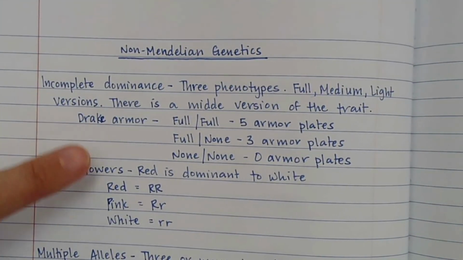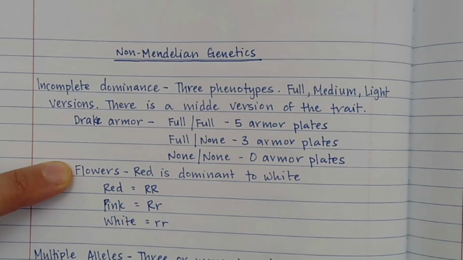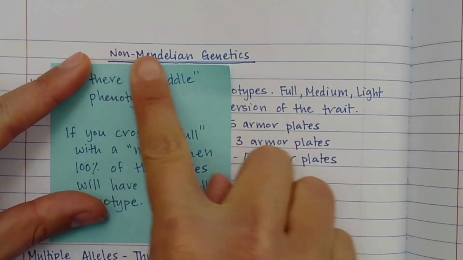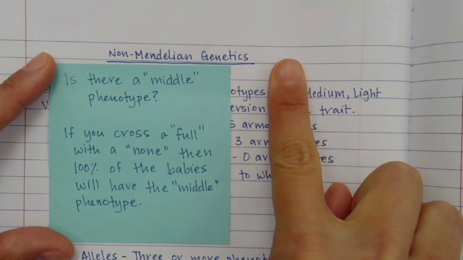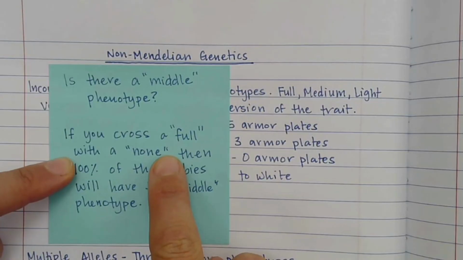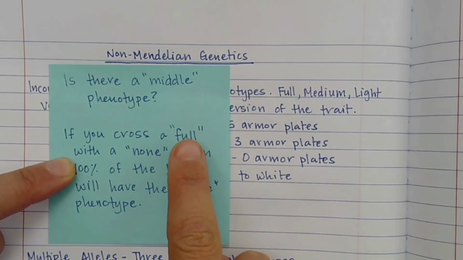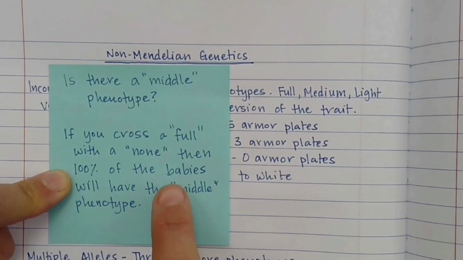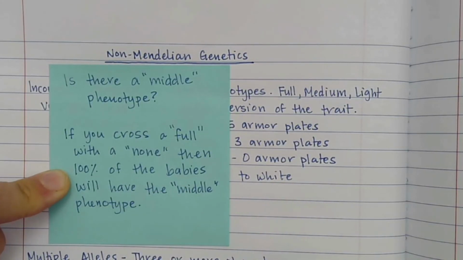So if I have incomplete dominance, I am going to be looking for whether or not there is a middle phenotype. If there's a middle phenotype, then what that means is if I cross a full with a none, so let's say that I have a black bird and a white bird, then the middle type is gray, and all of the babies will be gray.